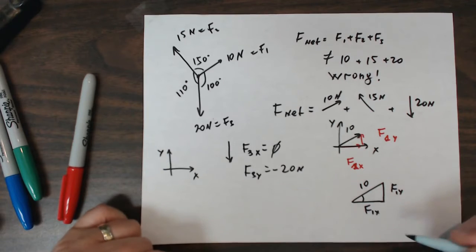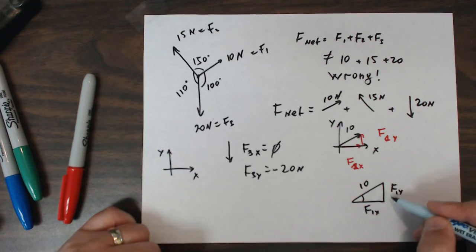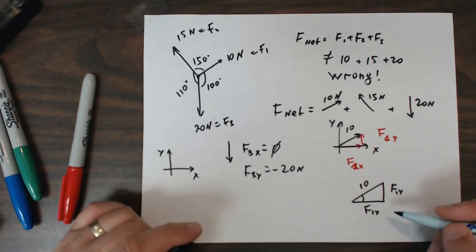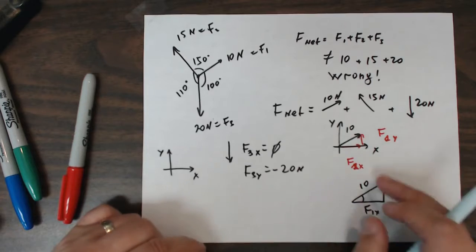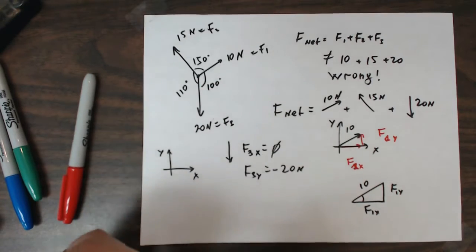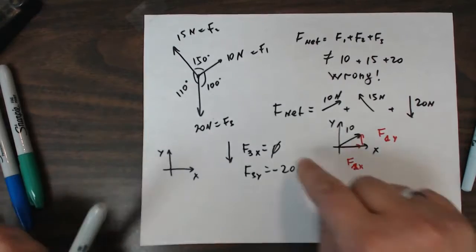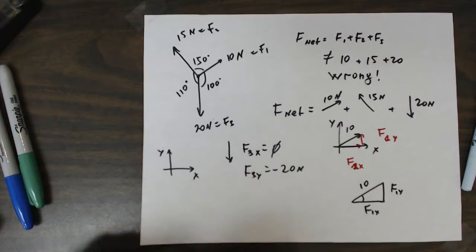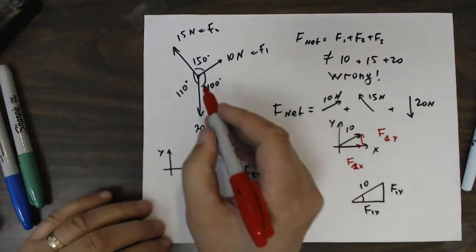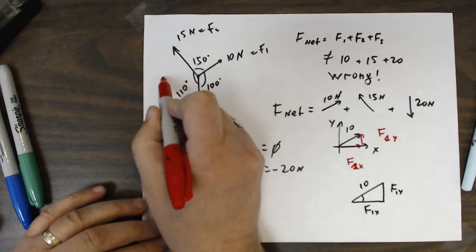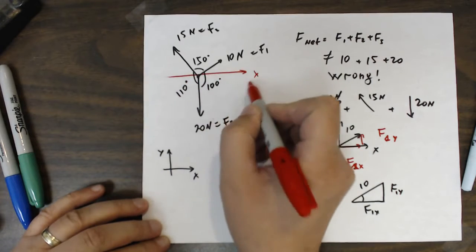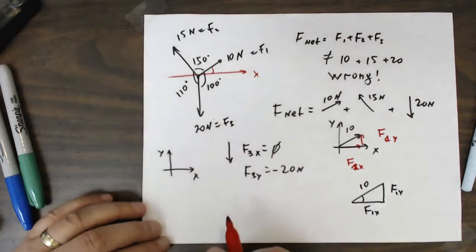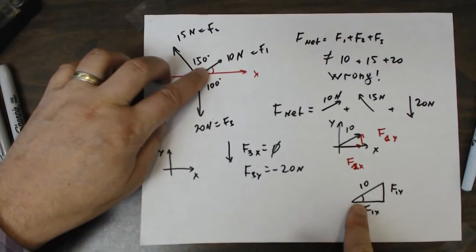Now, if we need to relate the component and the hypotenuse, we need to know this angle. Well, so we have to go back to this picture and see the same angle here. So the component is horizontal. It's parallel to the x-axis. So we have to draw that x-axis, and this is the angle, the same as this.